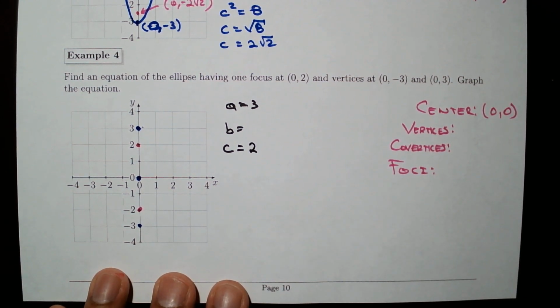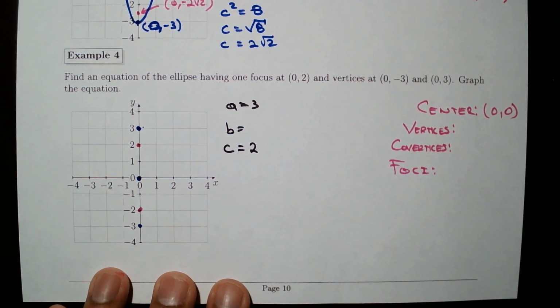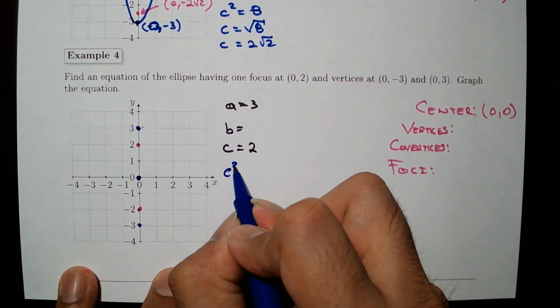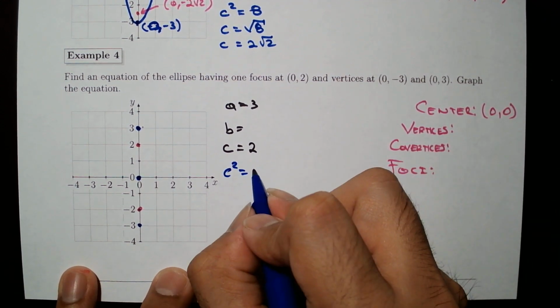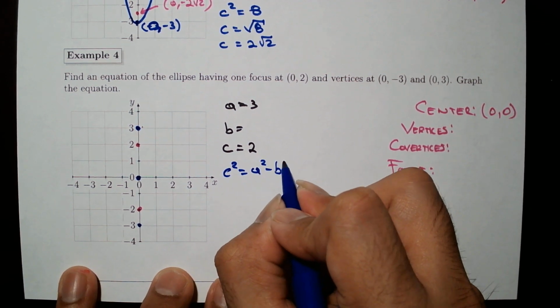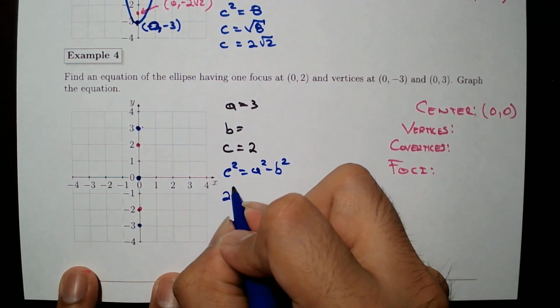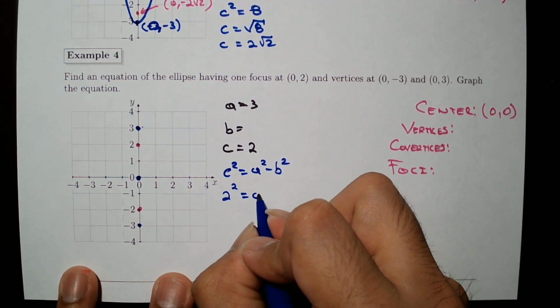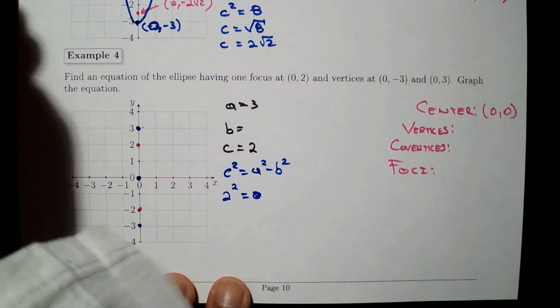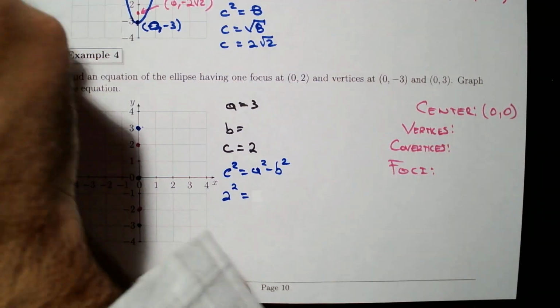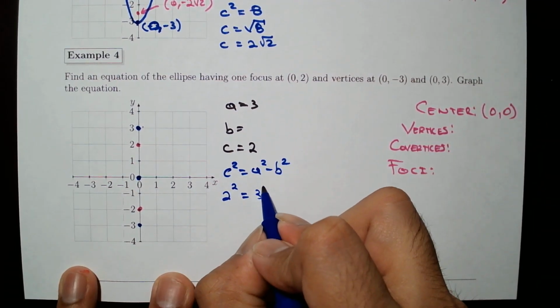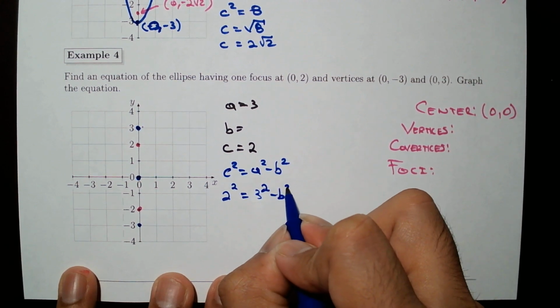All right, 2 units. So we're going to use our equation c squared equals a squared minus b squared, in which we have c squared, that's 2 squared, equals a squared, which is 3 squared, minus b squared.